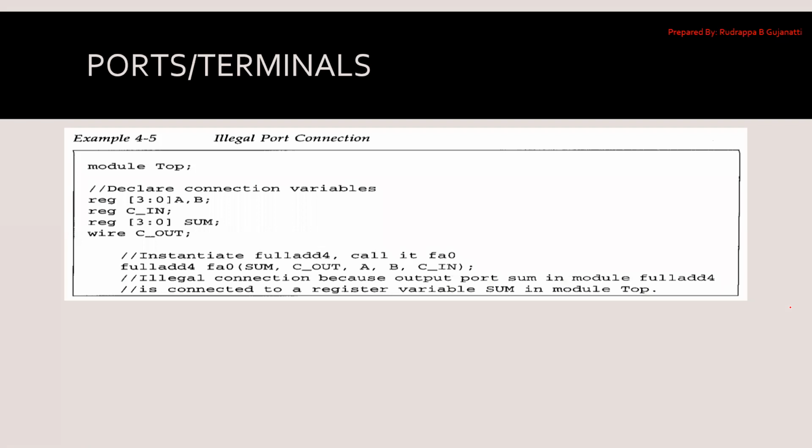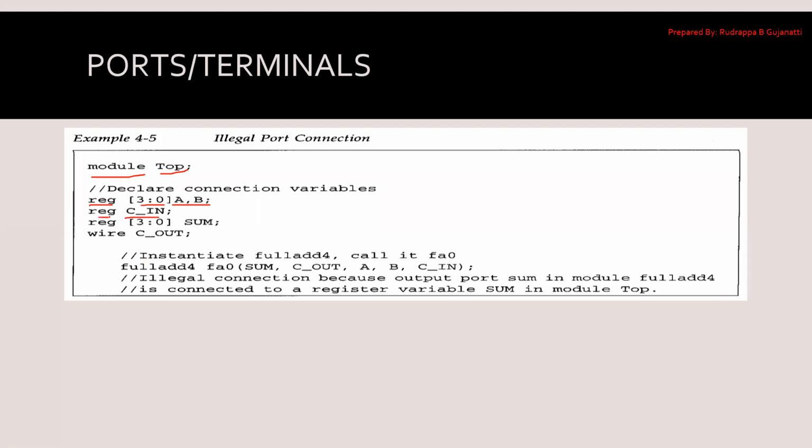So we have an example of an illegal port connection. We can just see what is illegal in this case. Here we have module top, where A and B are declared as register data types.